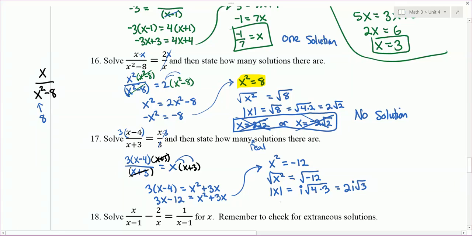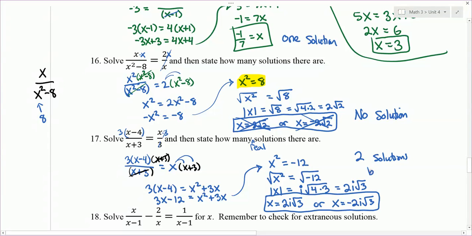That's the absolute value of x, so when you split up the two cases, x can be positive 2i root 3, or x can be negative 2i root 3. So we have two solutions. But no real solutions.